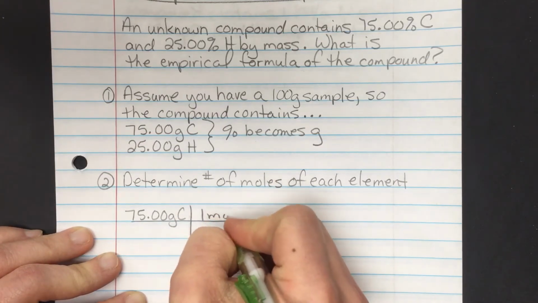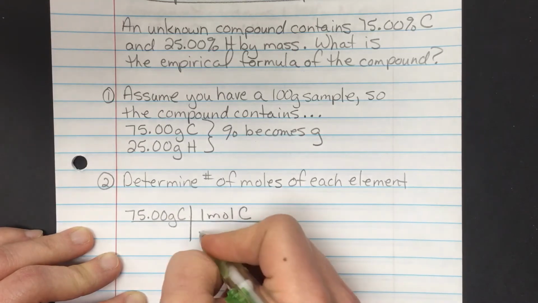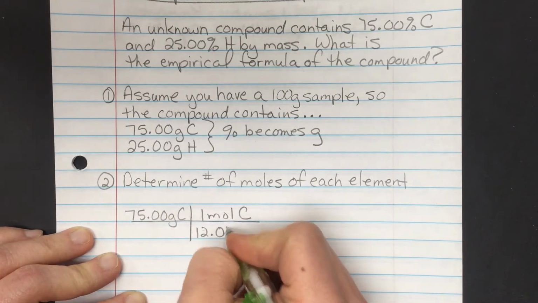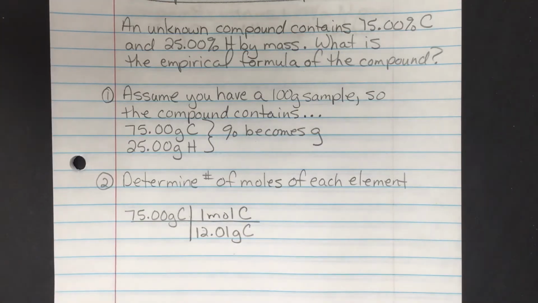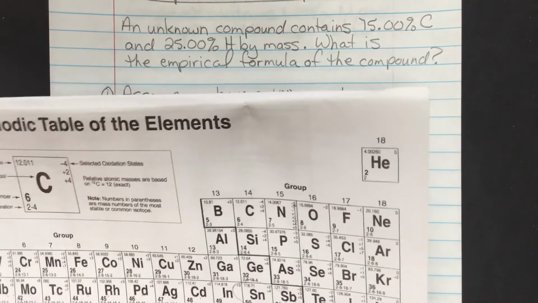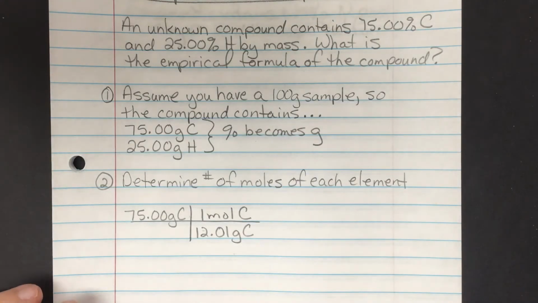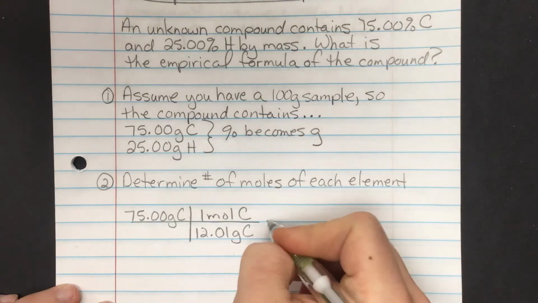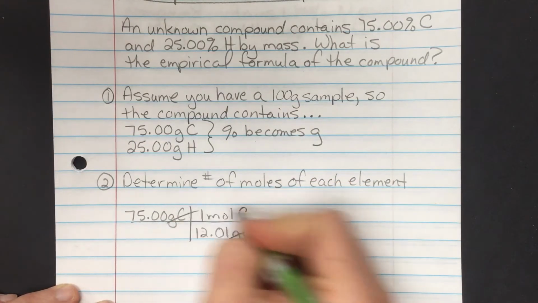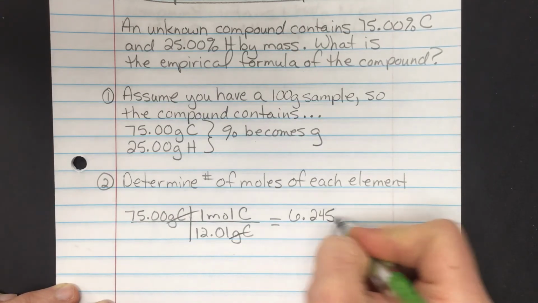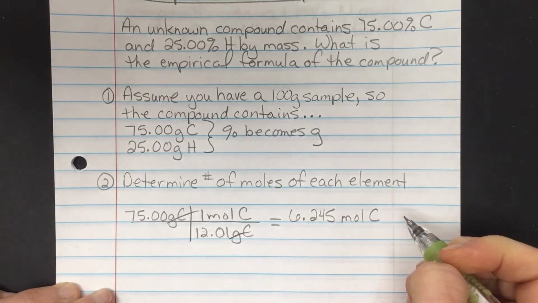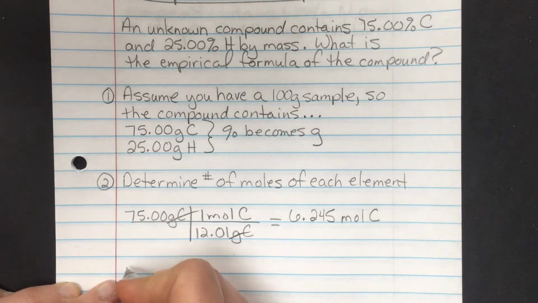We know that 1 mole of carbon is 12.01 grams of carbon. Now remember, the molar mass comes from your periodic table. It's just the atomic mass, and we're just writing it as grams instead of a U. Grams cancel out, we're left with moles, so we have 6.245 moles of carbon. Let's do the same thing for hydrogen.